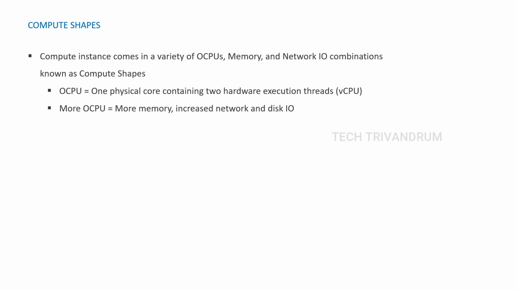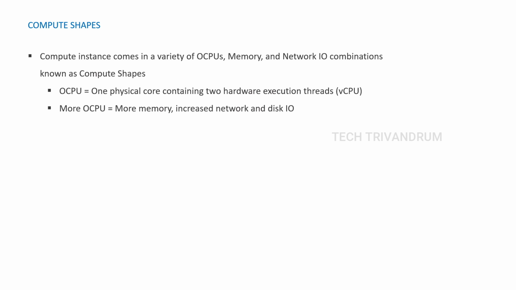That means it contains two hardware execution threads, that is vCPUs. So if we compare it with an AWS instance that contains 2 vCPUs, then that instance is equal to an OCI instance with 1 OCPU.